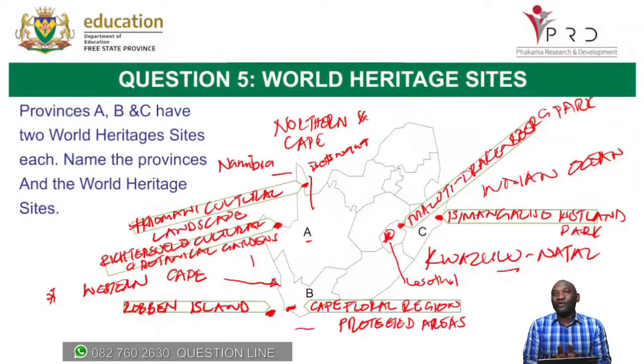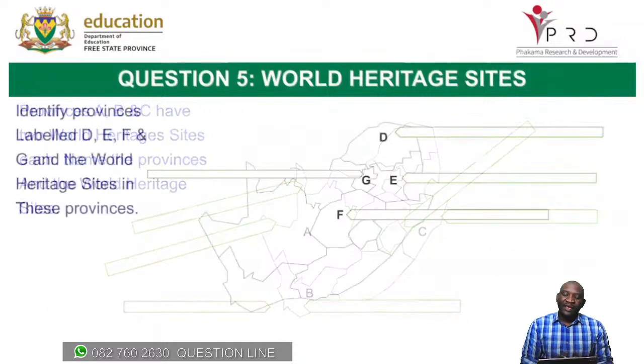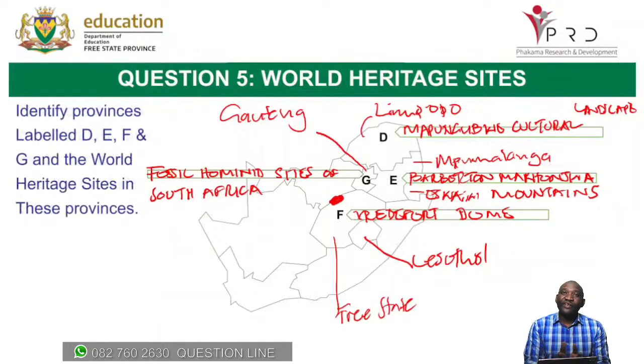We looked at the 3 provinces that have 6 World Heritage Sites altogether, and therefore we looked at the 4 remaining provinces that are home to the 4 World Heritage Sites that we just looked at. And again, let's remind ourselves, because it's not enough to know the location of the World Heritage Sites when you're using a map of South Africa, but you also need to know the description of why these places are World Heritage Sites.